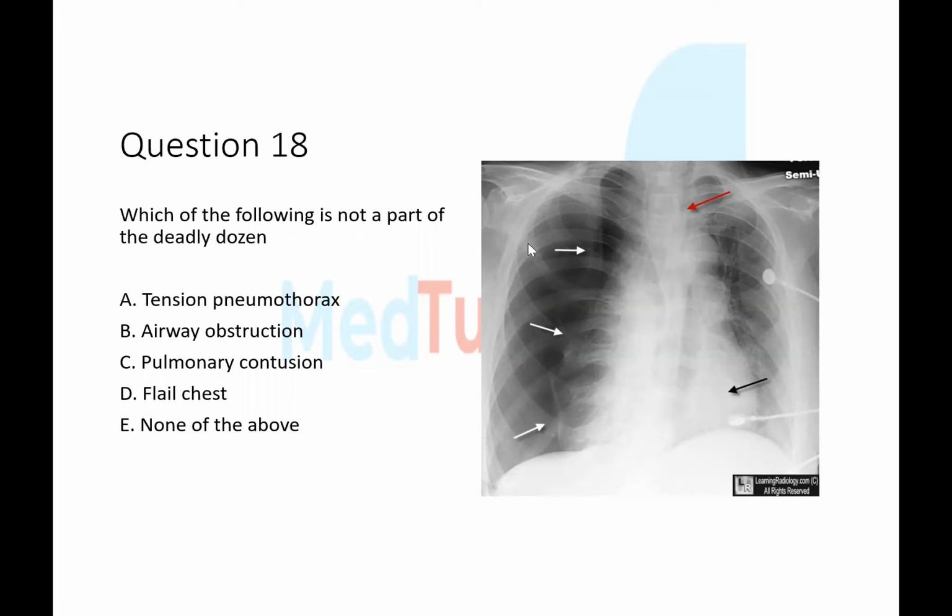So this is consistent with tension pneumothorax. But the question is not really asking about tension pneumothorax; it is asking which of the following is not a part of the deadly dozen. This is more of a cardiothoracic question than a medicine question. But the right option here is pulmonary contusion. So let's go to the next slide.